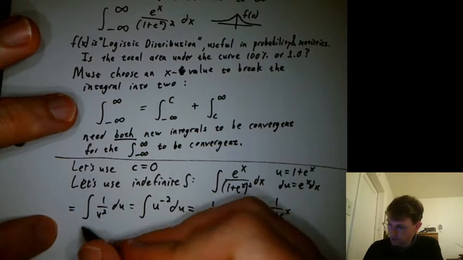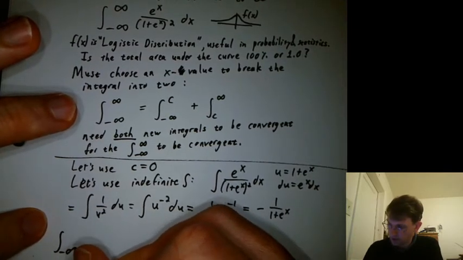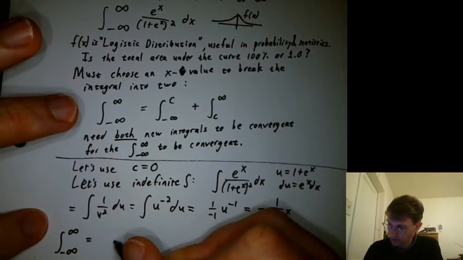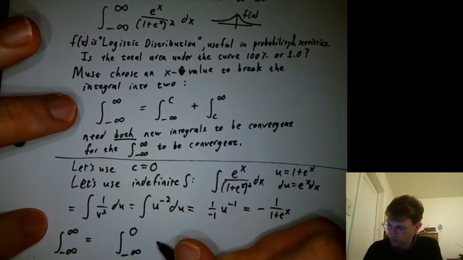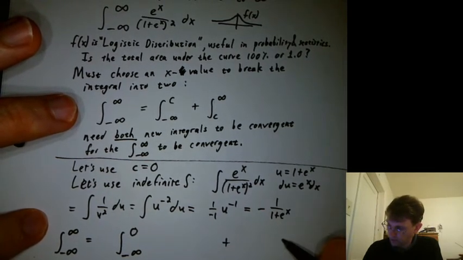And then let's say the doubly infinite integral is the integral from minus infinity to 0 plus the integral from 0 to infinity.